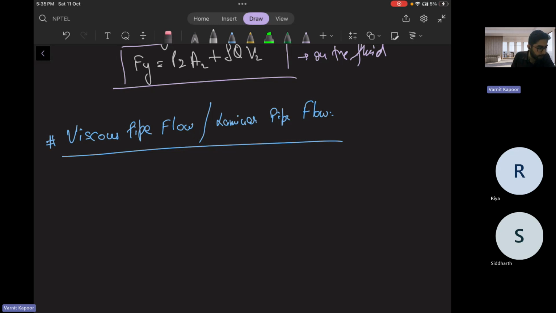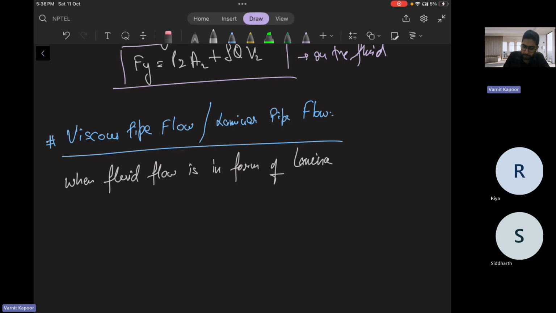So let me write here: when fluid flow is in the form of laminae with negligible mixing, it is known as laminar flow.